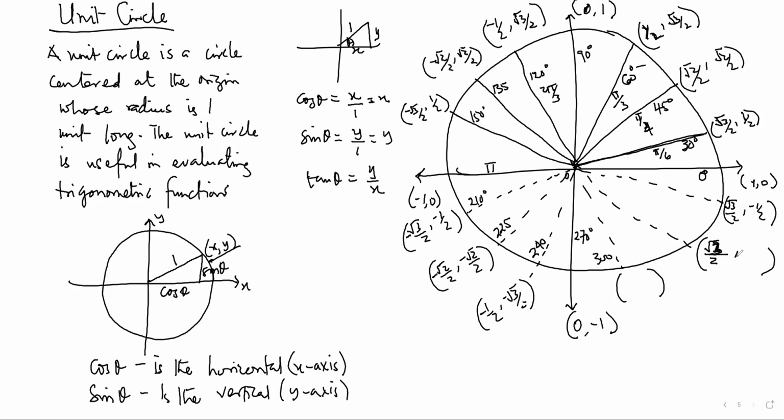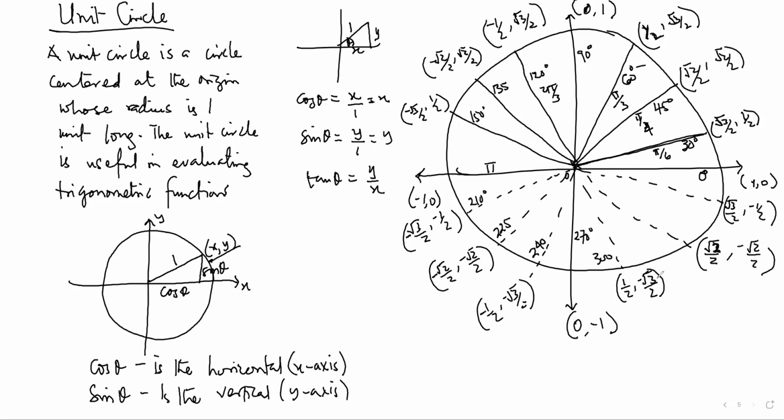Root 3 on 2 against minus 1 on 2. I hope I'm not making a mistake. Okay, yeah. So root 2 on 2 against minus root 2 on 2. Then the last one will be 1 on 2 against minus root 3 on 2.